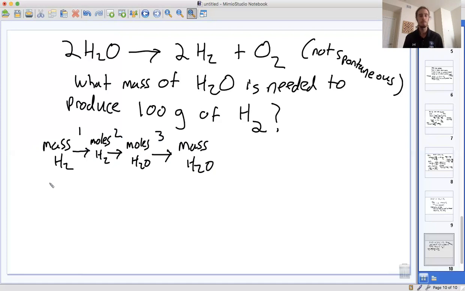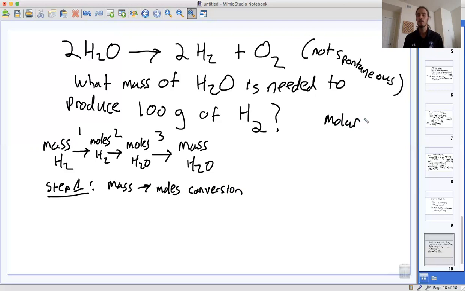Step 1 is a mass to moles conversion, so we're going to need the molar mass. Let's write that over here.